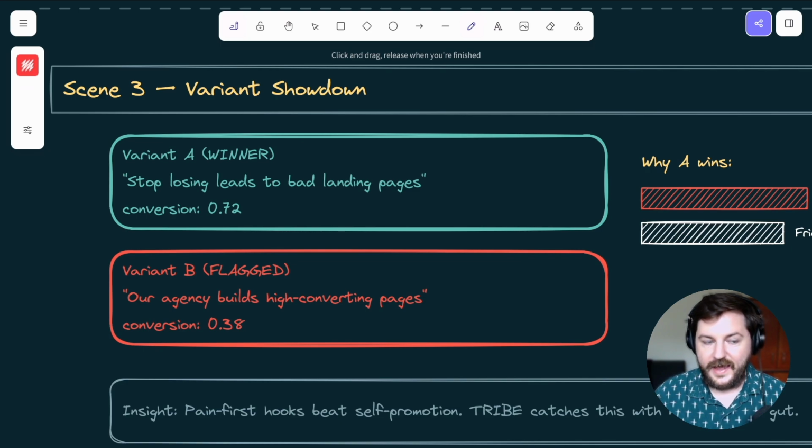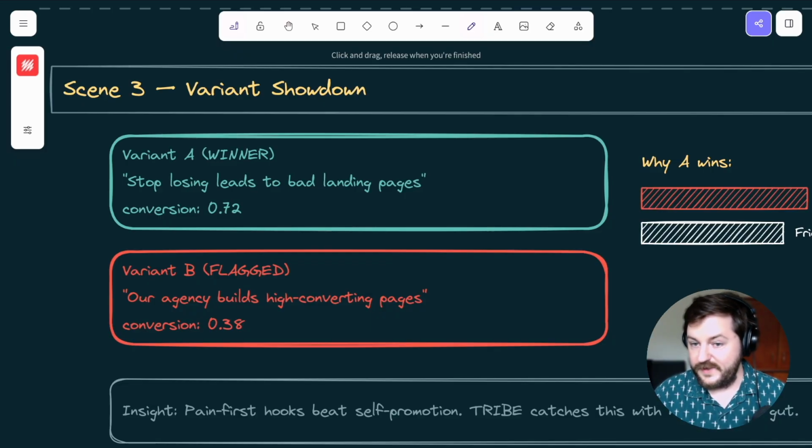So variant A, in this case, would be the score. It would be what we had run through Tribe, and we're determining, okay, this did well across the vertices, the 5 points, and then based on the composite formula, it's giving us an approximated conversion of 0.72, and this scale goes from 0 to 1.